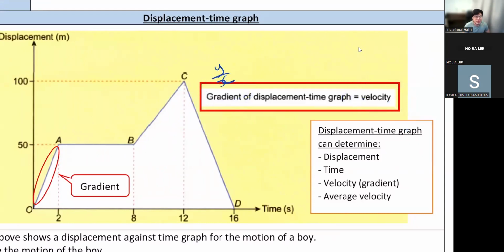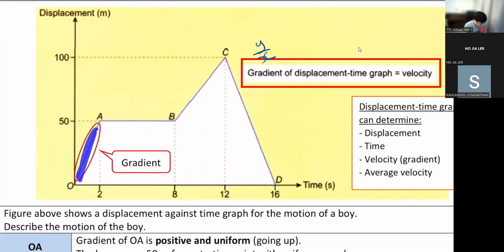That means the car moves forward. Think about it. The car moves forward, so that is a positive velocity.